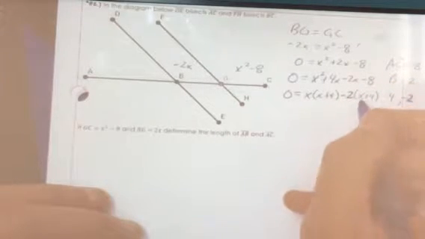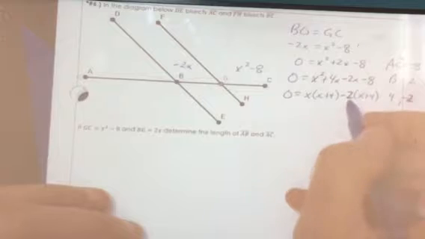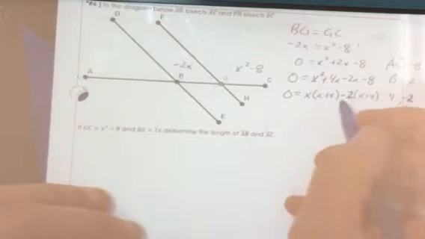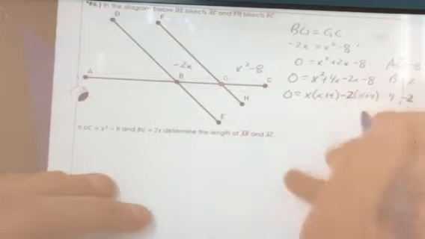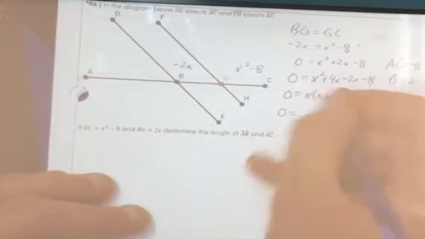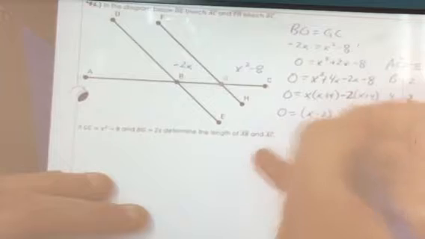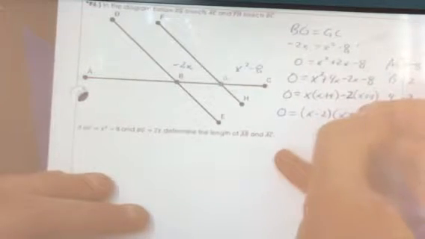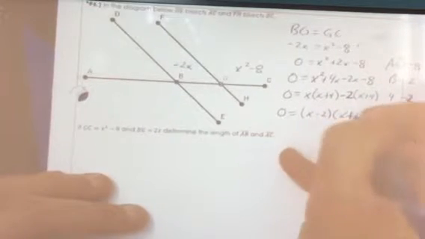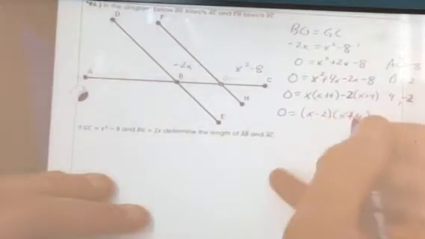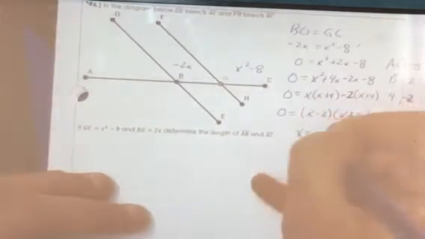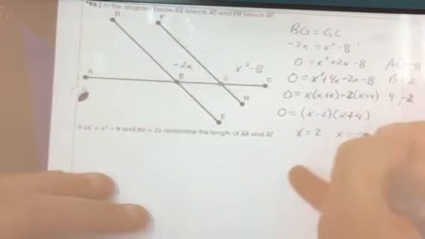Negative 2 times x is negative 2x. Negative 2 times 4 is negative 8. All right, so now we have our two factors, x minus 2 and x plus 4. Set each factor equal to 0 and get x equal 2, x equal negative 4.